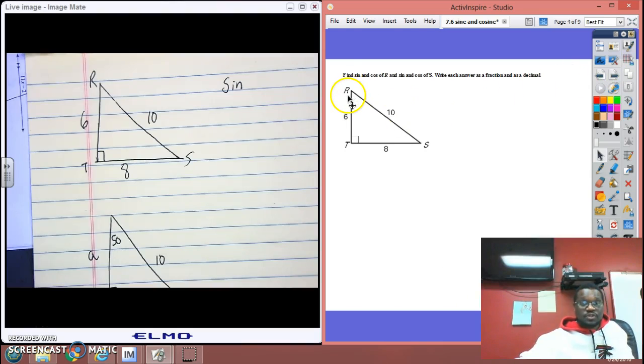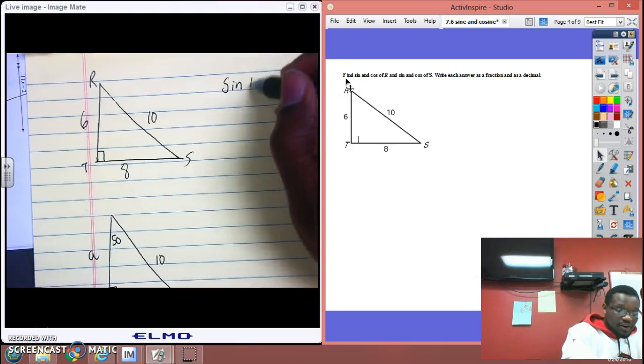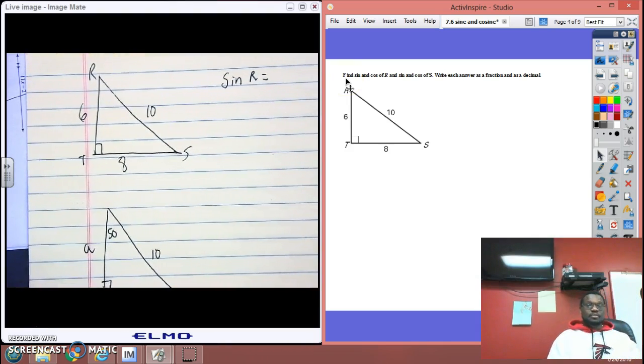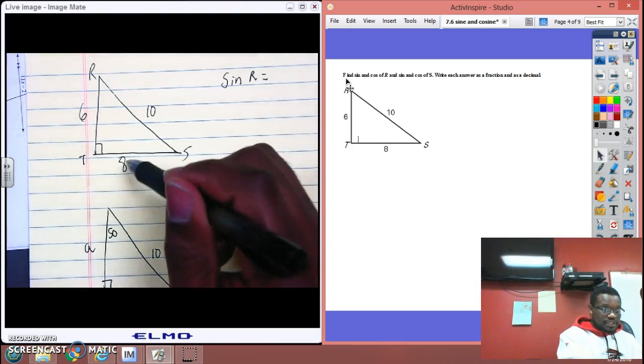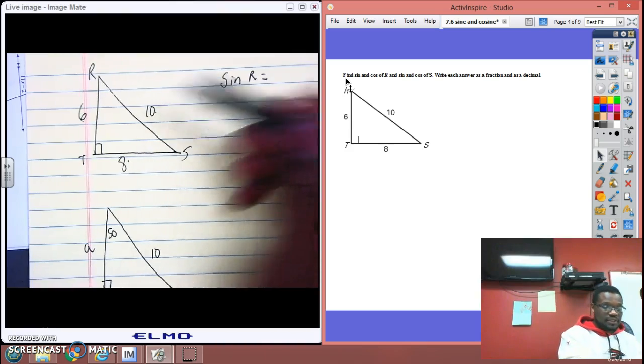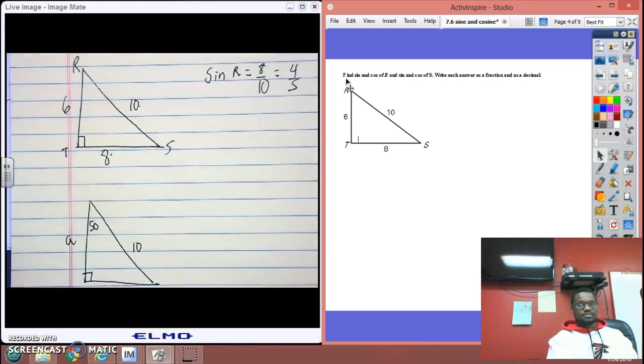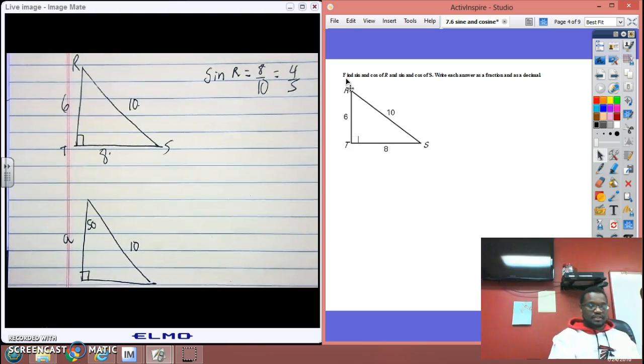So we're talking about sine of angle R. We just can't say sine. We got to know which angle we're talking about. So sine of R is opposite over hypotenuse. So that's 8 over 10, which is the same thing as 4 over 5. We can keep it like that for right now. I know it said decimal too, but we'll just keep it like that for right now.